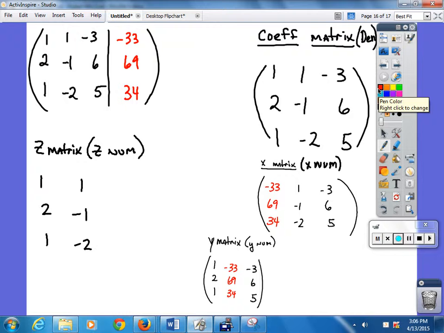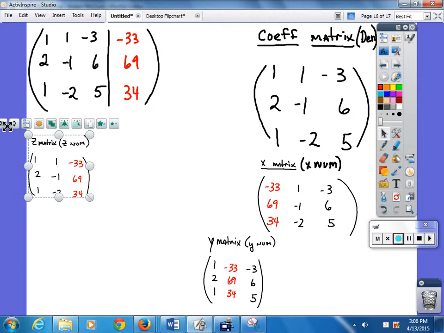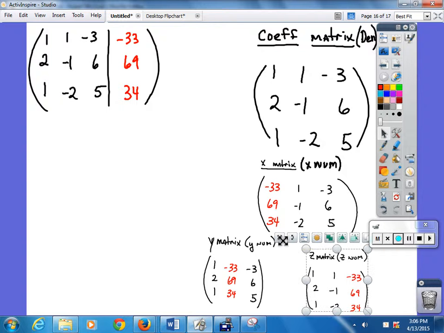And then negative 33, 69, and 34. And now you have pretty much the setup of the problem. And so all you need to do is get those 4 matrices.